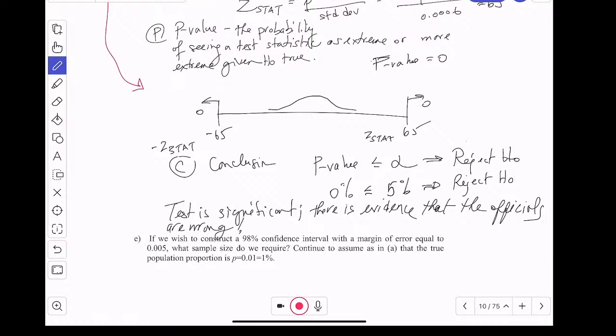They're wrong. It's not equal. So we say we have evidence to reject the null. Test of significance: something new has happened. We disagree with the officials and we have some evidence. How's everybody doing?